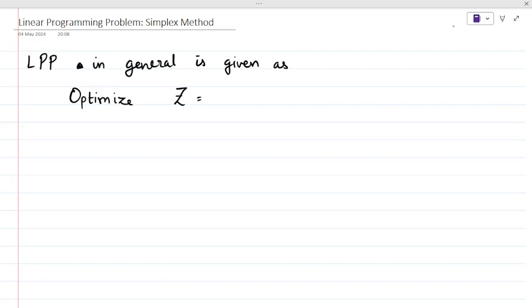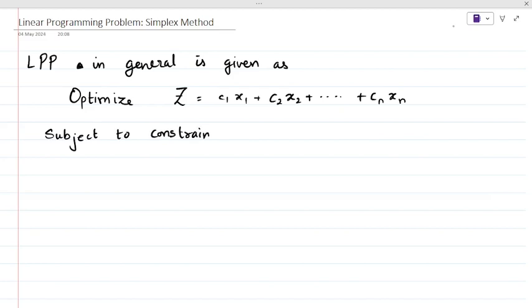So here it is c1 x1 plus c2 x2 plus and so on up to cn xn, subject to constraints. We have some constraints that will be given to us.